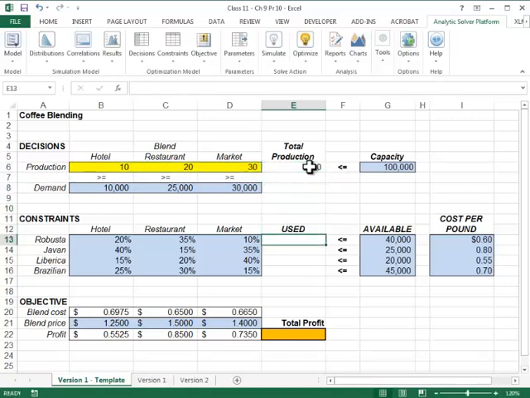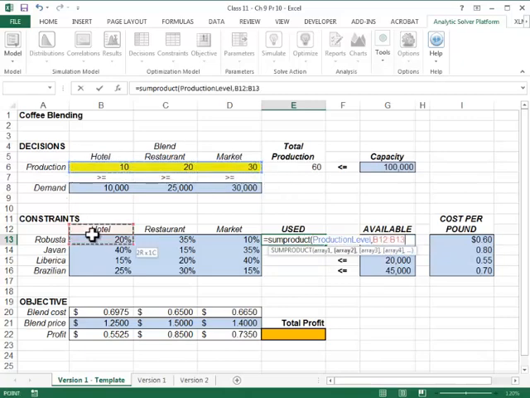Now I need to figure out how much of each bean is used. To figure that out, I need to look at how many pounds of each blend is produced and what percentage of that blend is coming from, let's say, the Robusta beans. So here I have a sum product which looks at my production level and then my percentage of Robusta use.